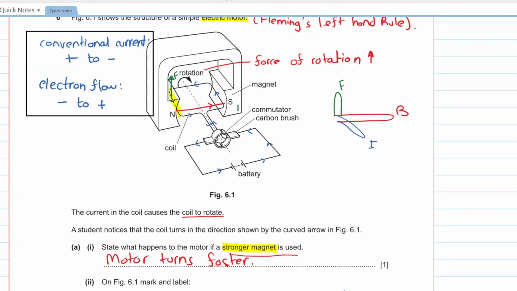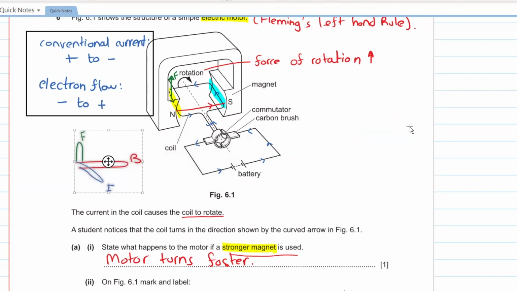Now apply the same logic at this blue highlighted area. You know that the magnetic field will be like this, and the current will be inward.